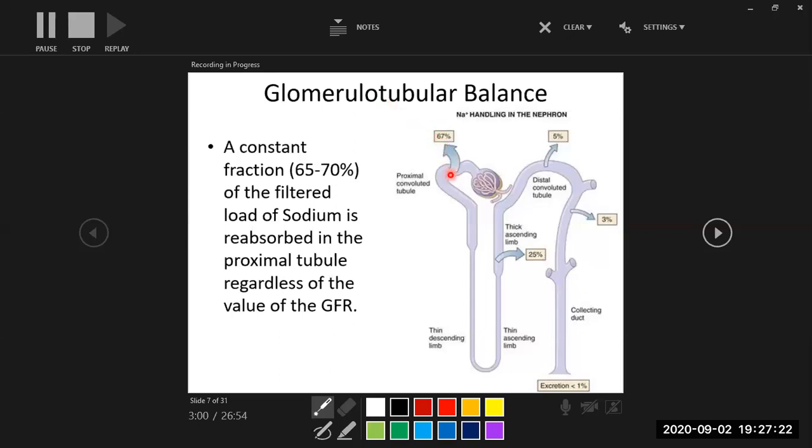And as we mentioned before, the amount of salt reabsorbed is equivalent to the amount of water reabsorbed. So we will have a lot of water coming with the salt, reabsorbed into our body. And this water goes back to our circulation and increases the venous return. Increased venous return increases stroke volume, increases cardiac output, and that increases the blood pressure.